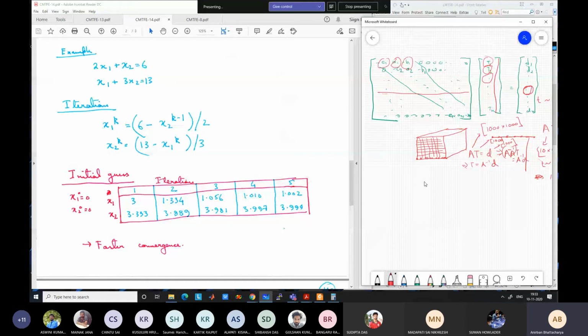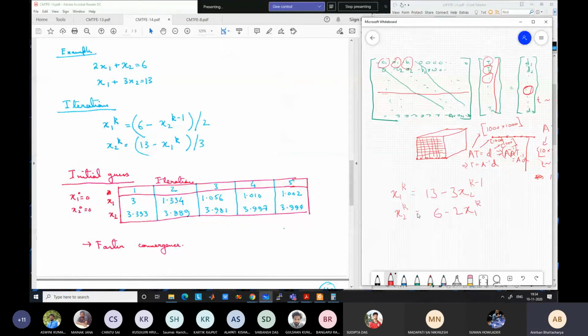Okay, so if I form the equations in another way, say I am using the second equation for calculating x1. So x1 at iteration k is equal to 13 minus 3 x2 at iteration k minus 1, and x2 at iteration k is equal to 6 minus 2 x1 at iteration k. Already x1 at k is known.